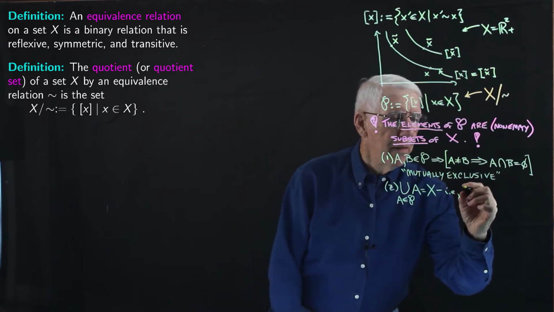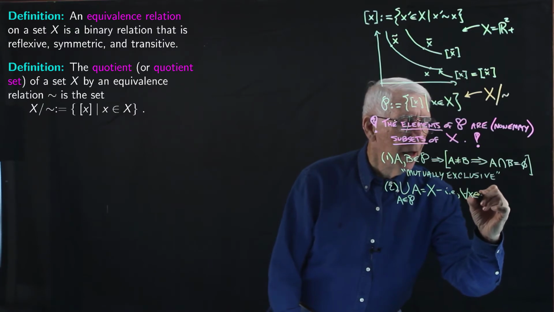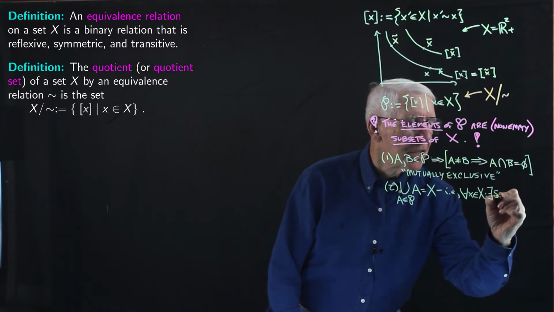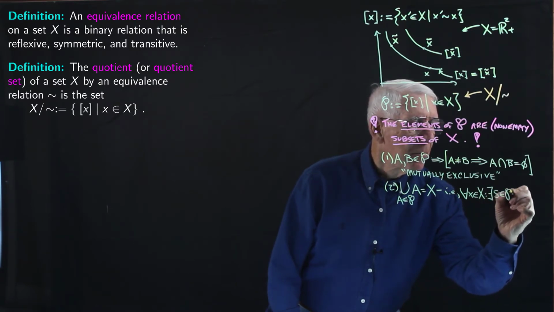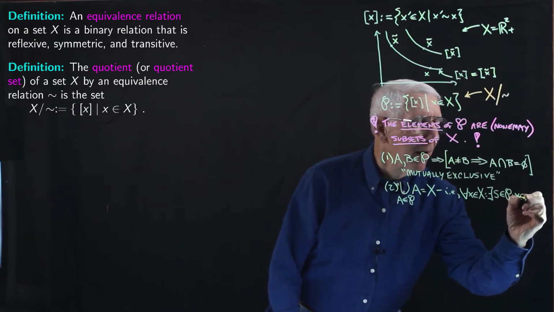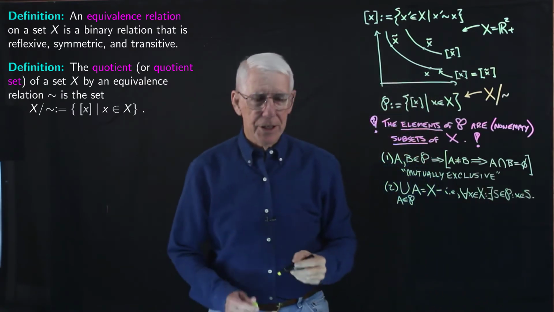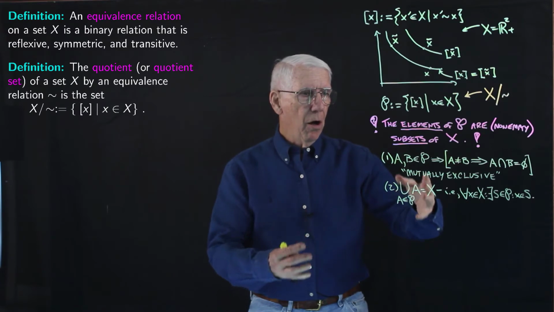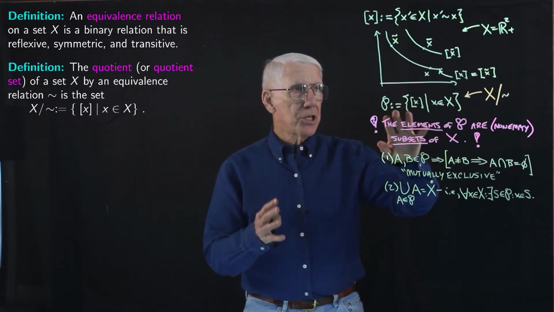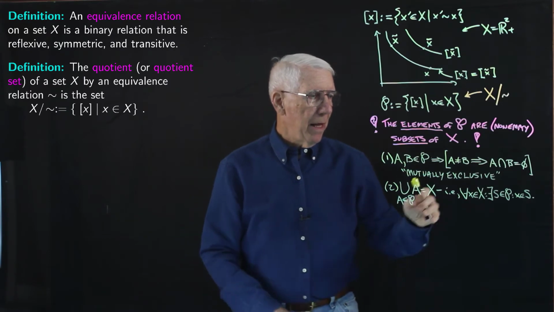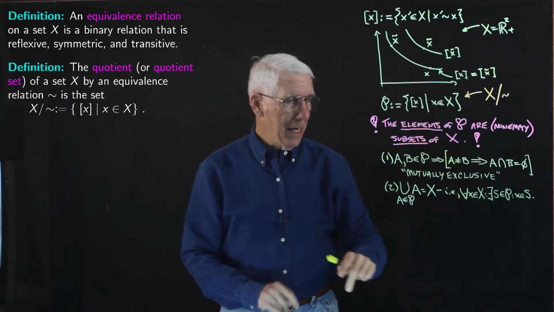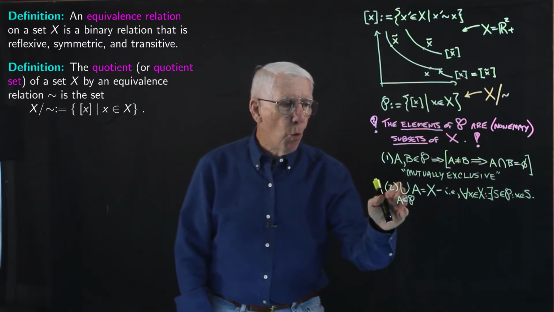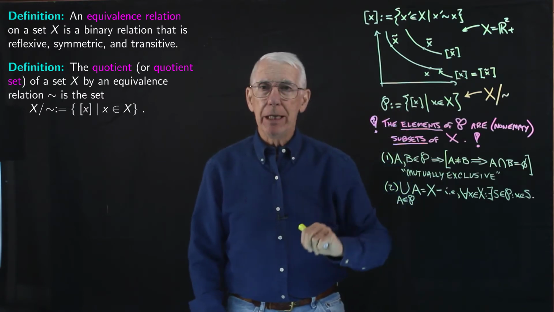We could say that for every element x of capital X, there exists a set S in P such that x is in the set S. So that when we take together all of the subsets of X that are in P, put it a different way, every element of the underlying set has to be in one of those elements of P.